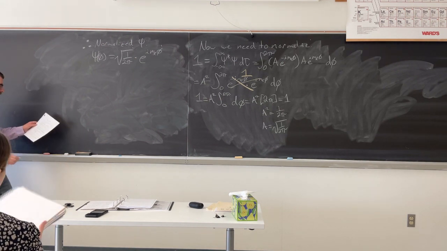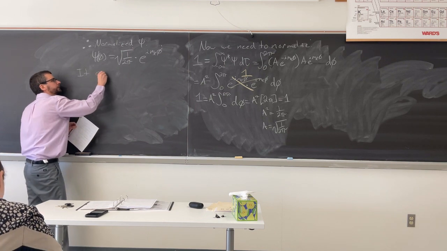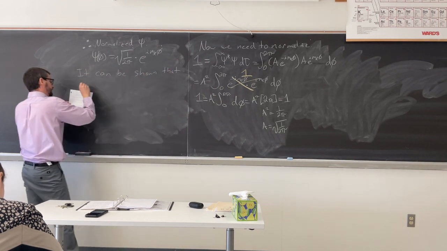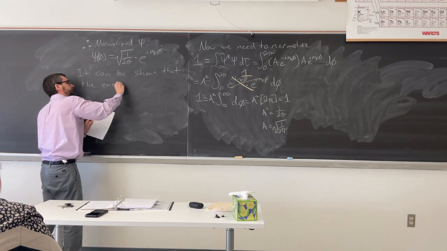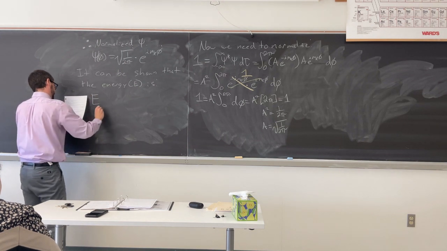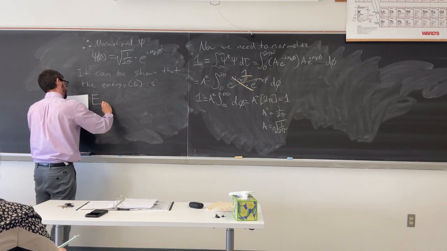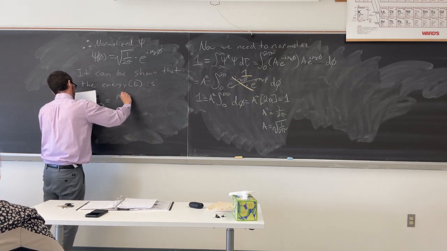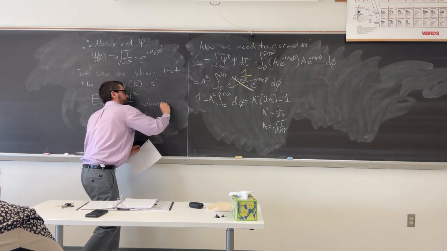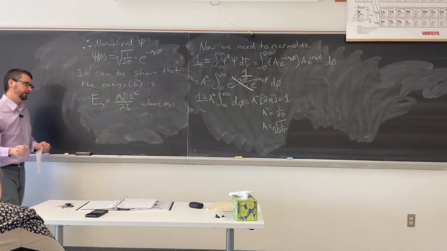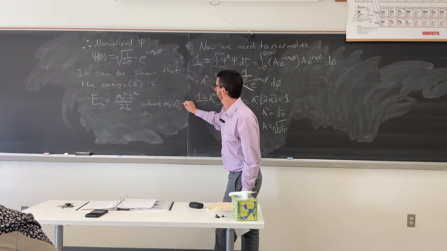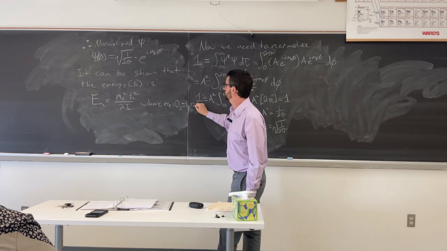You could apply this back to the Schrodinger equation, and it can be shown that the energy... what were the possible values of m sub L again? 0, plus or minus 1, plus or minus 2.